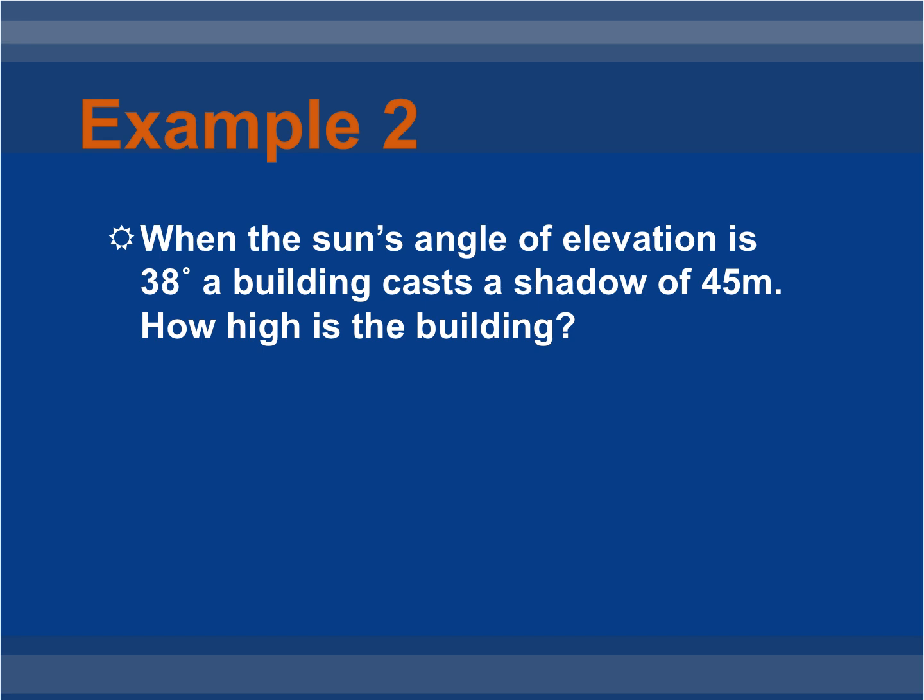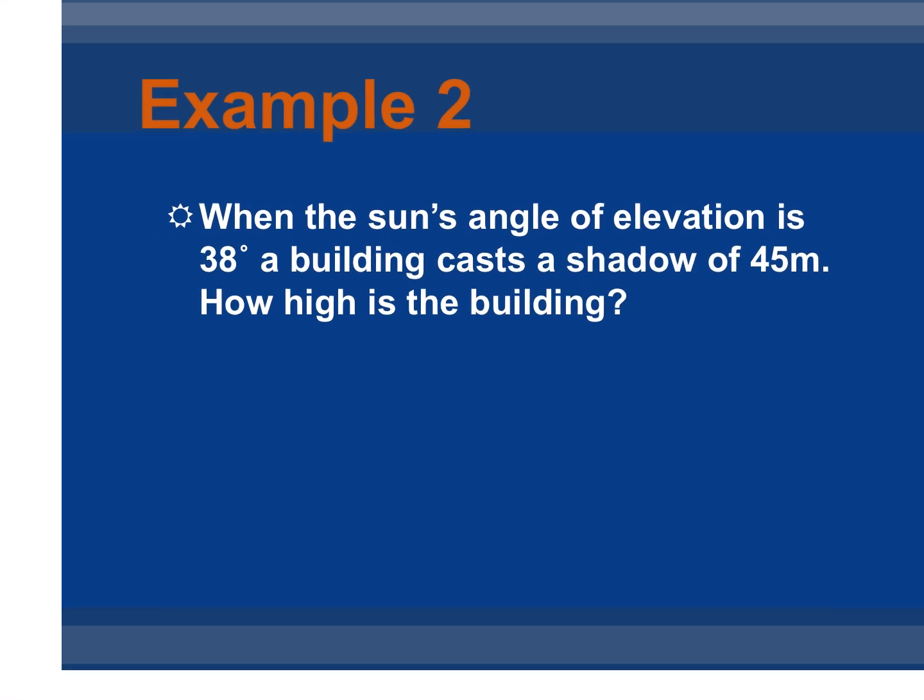All right, check in to make sure you drew it correctly. Please pay attention to how mine is drawn. The sun's angle of elevation is 38 degrees. A building casts a shadow. So here's my building. Let's just put circle windows. Here's my sun.